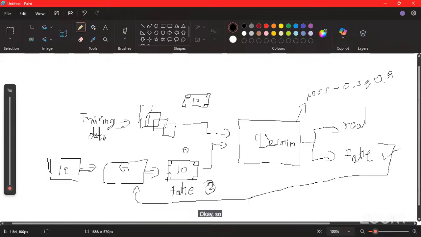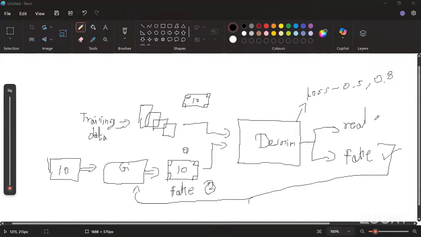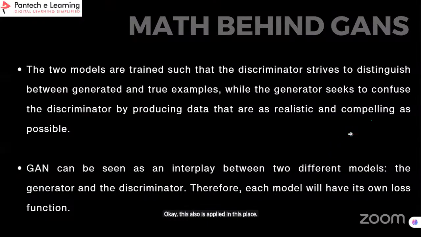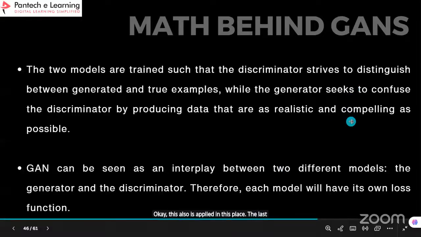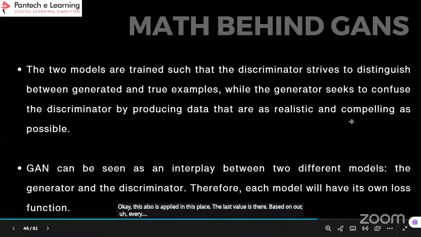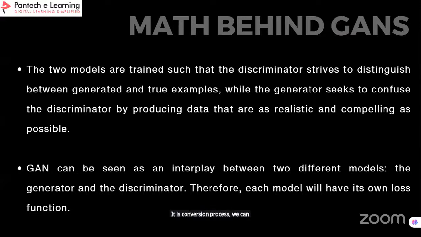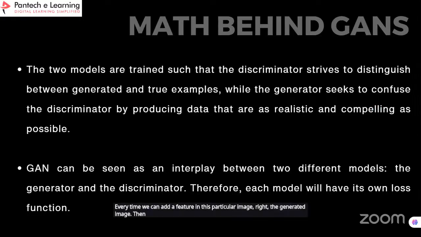This is the way it happens. This also applies here: the loss value is there. Based on every discrimination process, we get a loss value. The loss value will reduce after every back propagation. Of course, every time we add a feature to the generated image, only then will the loss value decrease.